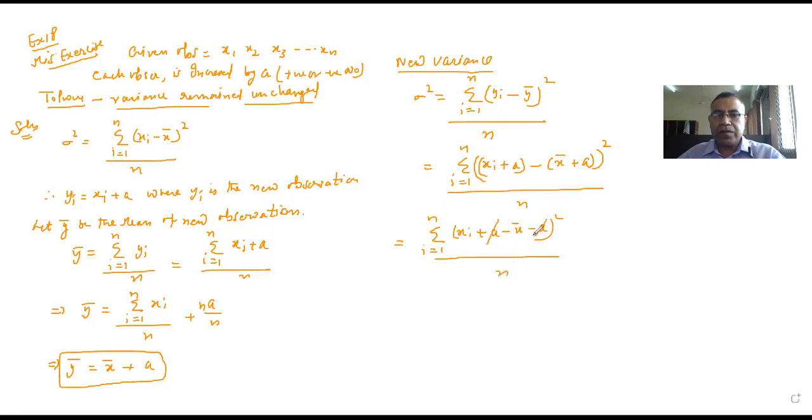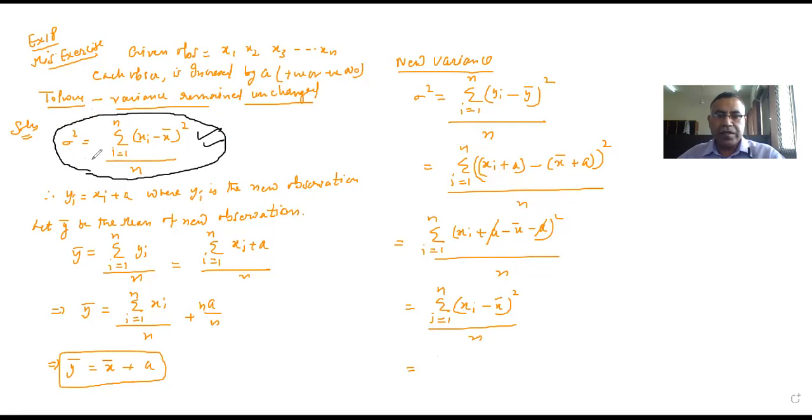It goes, which implies sigma i equal to 1 to n, xi minus x bar whole square upon n. This is the formula of the variance which we have taken in the initial. I have circled that, which is equal to sigma square, which is the old variance.